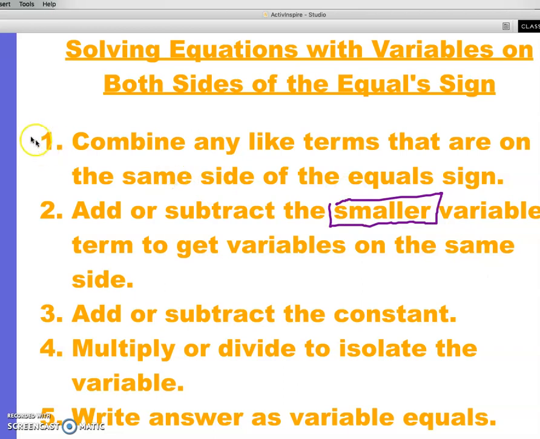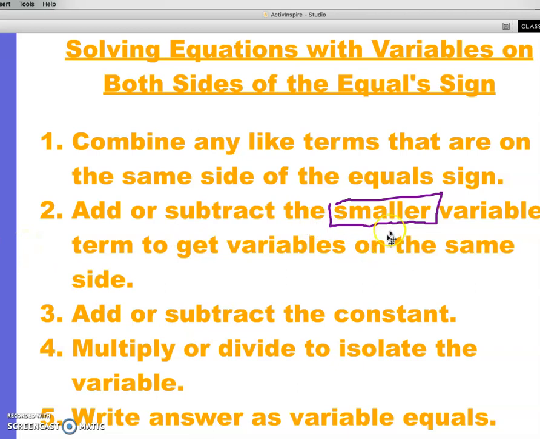So we have to first combine any like terms that are on the same side of the equal sign. It's really easy when we know first what are like terms and then to combine them. And step by step on what to do is right here. Then we're going to add or subtract the smaller variable term to get the variables on the same side.